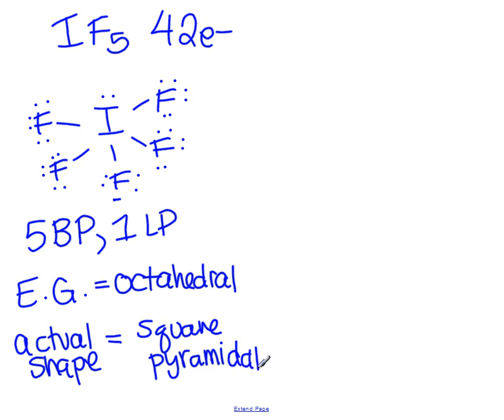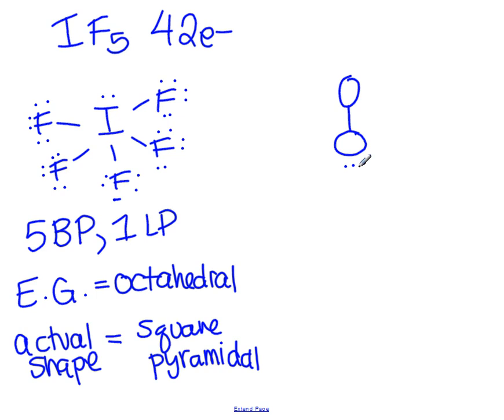So now that I know it's square pyramidal, I can start to draw my molecule. Ball or stick or with the atoms doesn't matter. Here's my central atom. When I do square pyramidal, I keep my north pole, and my south pole is going to be replaced by a lone pair.